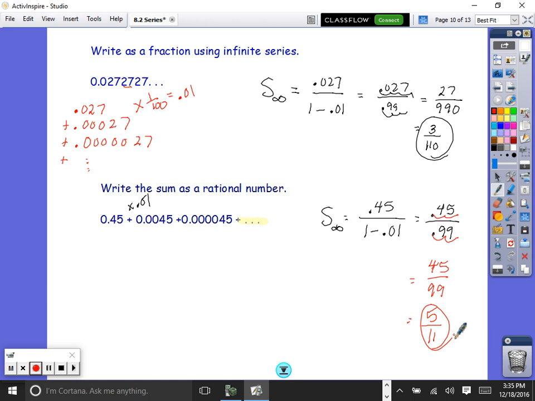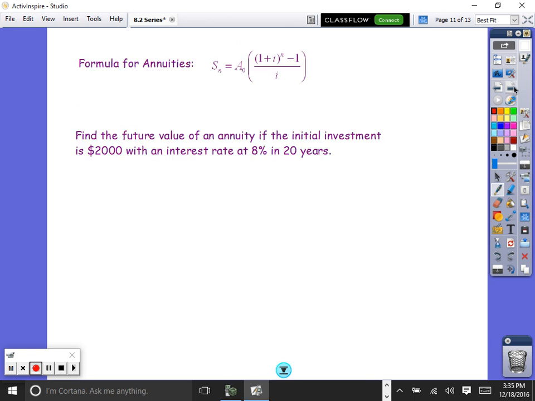Now, one last thing. Because we are finding sums, many times in your lifetime you may be asked to invest in an annuity, and an annuity uses a summation rule.